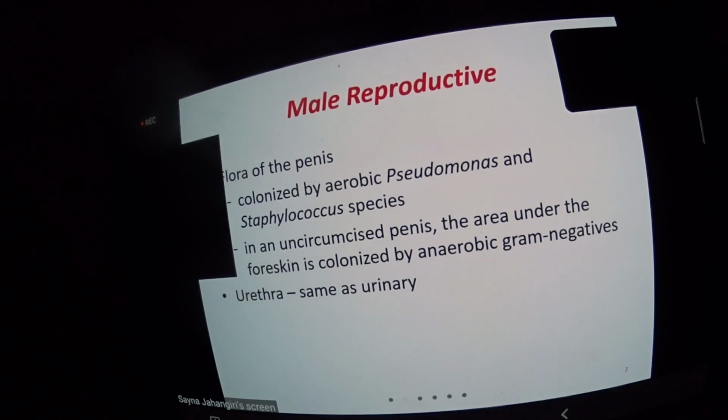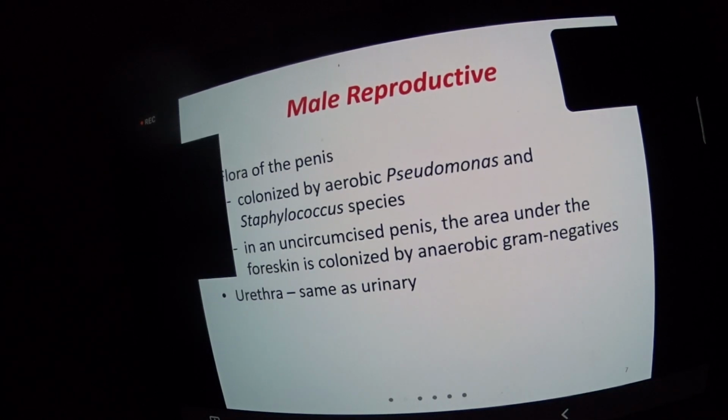The reason is that an uncircumcised penis has an extra fold of skin at the tip, which can hold a large amount of flora in the folds, and they have a chance to grow and increase in number, whereas a circumcised penis is typically easier to keep clean.